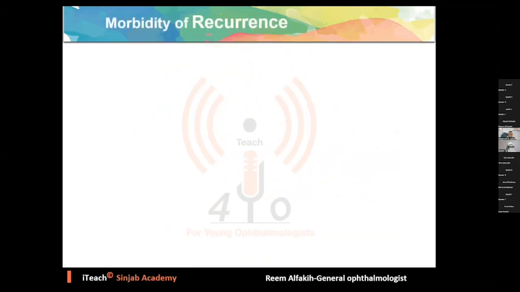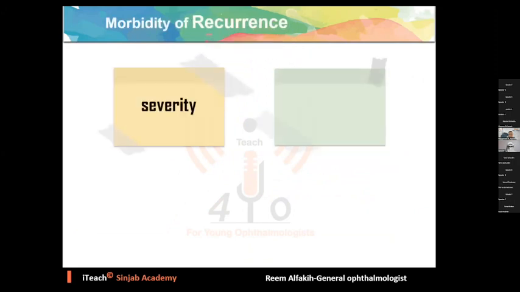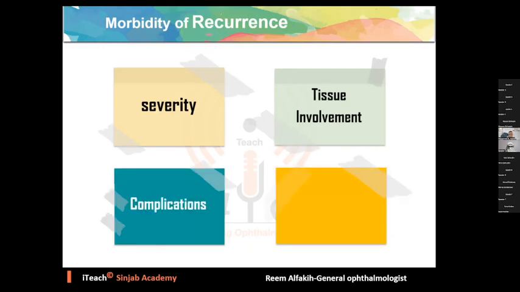Why do we care so much about recurrence? Because with each recurrence, the severity of the inflammation itself would increase. Other tissue involvement might be found, like iritis, trabeculitis. Secondary complications such as secondary open-angle glaucoma may appear, and the rate of recurrence itself would increase with each episode of recurrence.